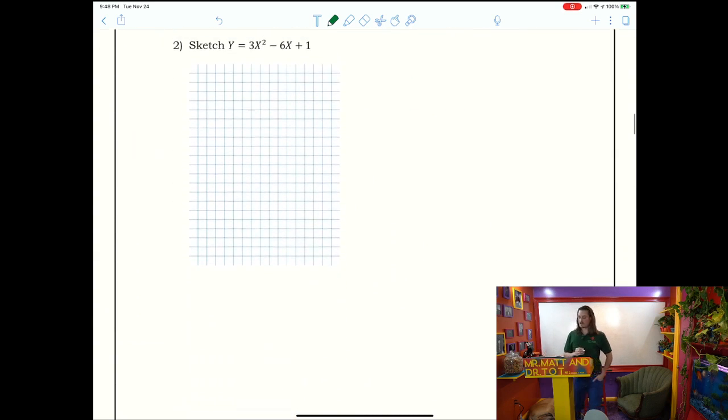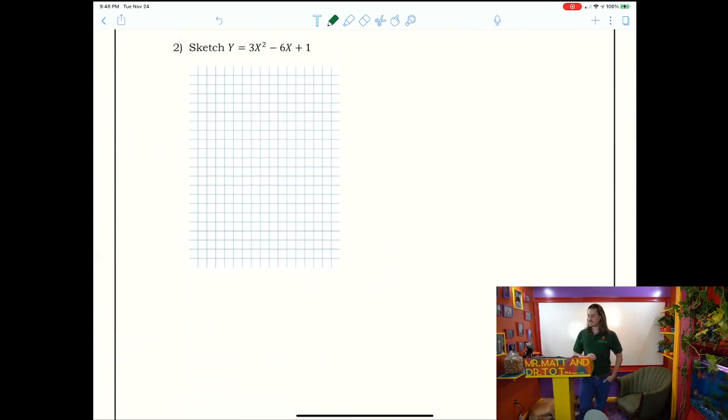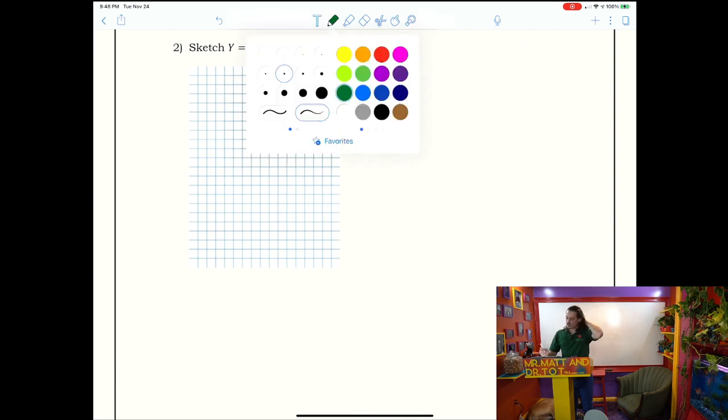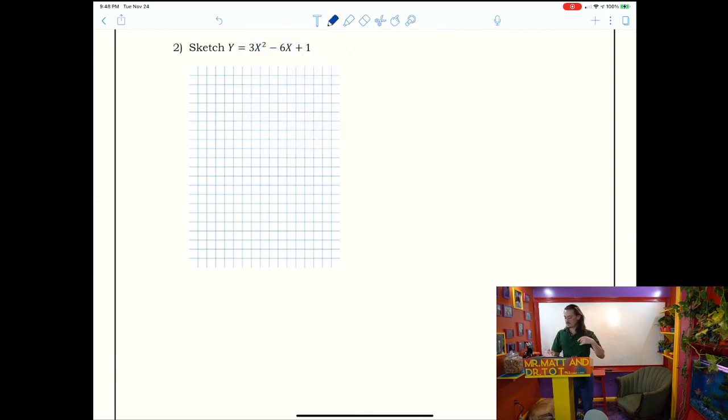I'd like you to graph y is equal to 3x squared minus 6x plus 1. So looking at our b value of negative 6 and our a value of 3, if we evaluate negative b over 2a, negative b is going to be negative 6, over 2 times 3.